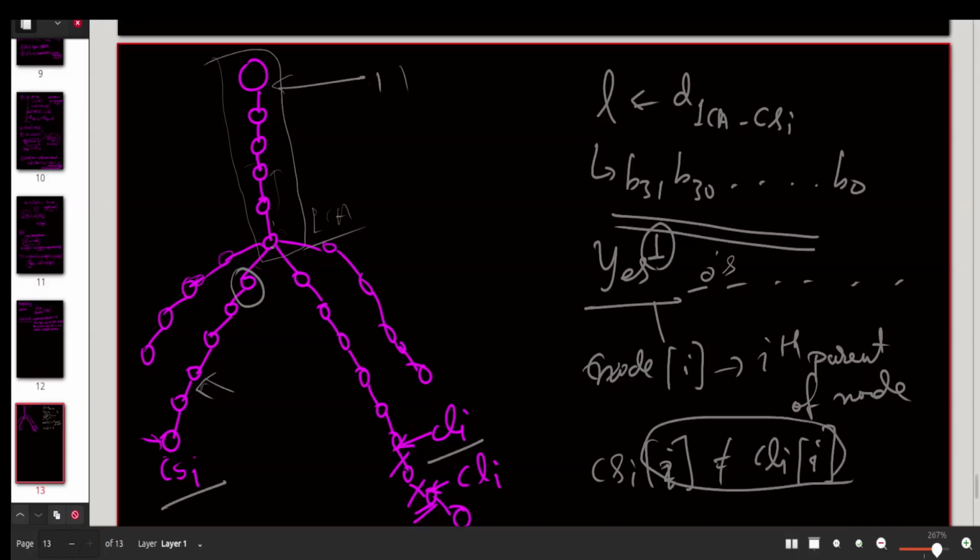If they're not equal, then we still have a chance to jump up. If they are equal, let's say you took like 4 hops, you went till here. Here you have a chance to jump extra, but if you directly took it from here till here, then you don't have any chance to go up towards the LCA. So yeah, this is the condition we'll be following.